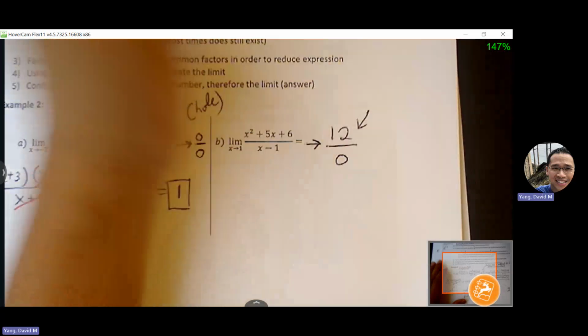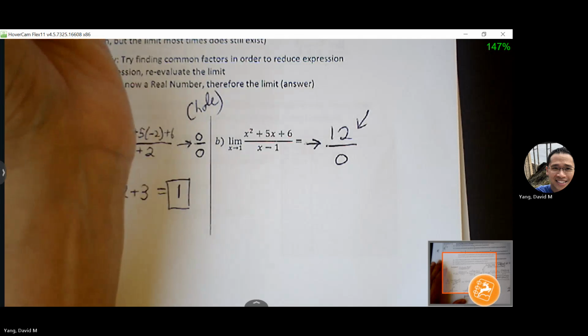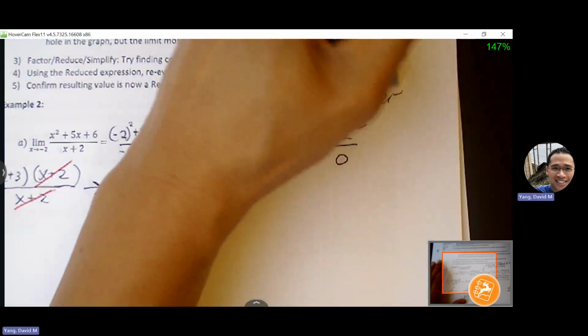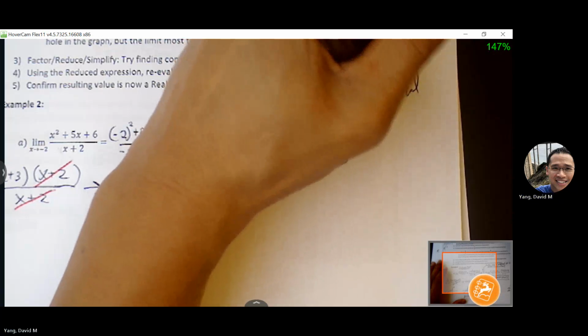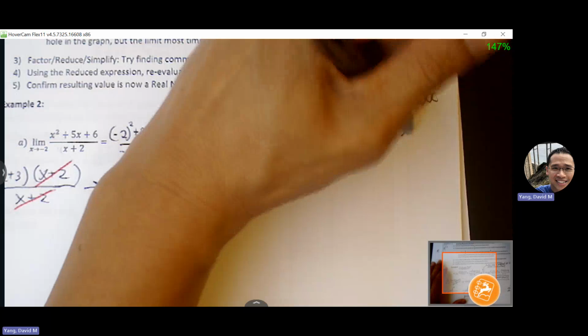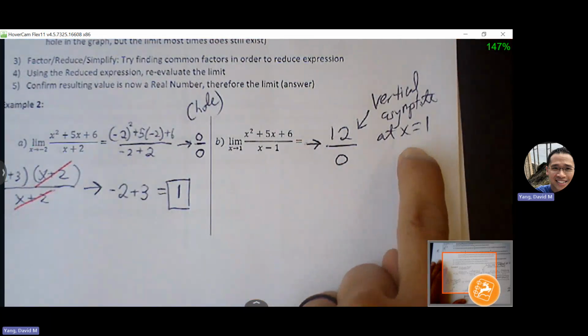Does anyone know what this is telling us about what the graph is looking like? There's a what? There's a vertical asymptote at x equals 1. And what do you know about the limit if we're approaching a vertical asymptote?